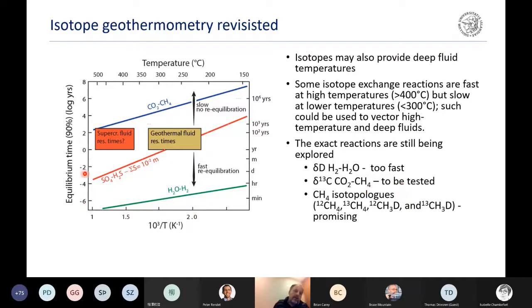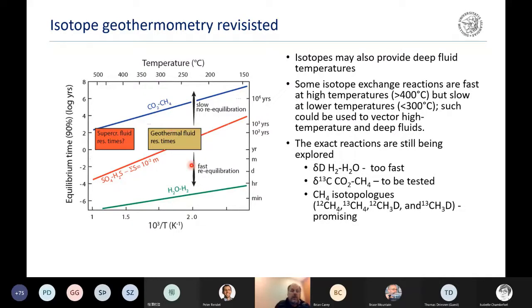Here you have the equilibrium time, the time it takes to reach 90% of equilibrium within the system, against temperature. And what you can see here are the typical residence times, in log years, of the reservoir fluids in conventional geothermal systems, somewhere between years and hundreds of years.